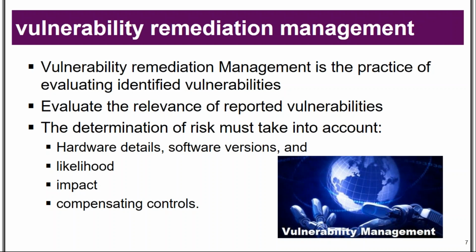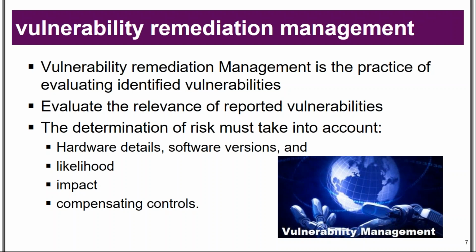Okay? When we're looking at it, as you see on my third bullet, the determination of risk must take into account, what you have to do is evaluate the relevance of those reported vulnerabilities you have, identify that associated risk that I was talking about to your technology assets, and then you have to take into account your hardware details, your software versions, your configuration of your information systems as you recorded them in your asset inventory and all that.